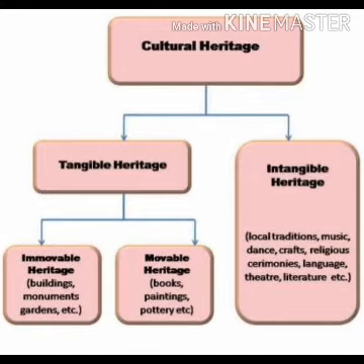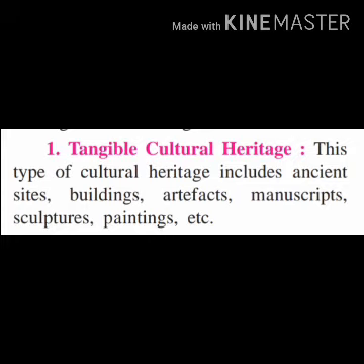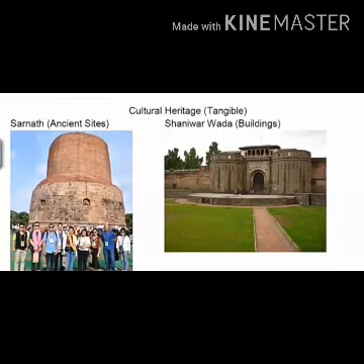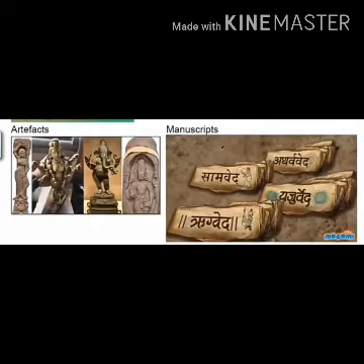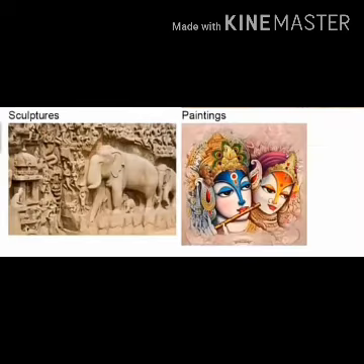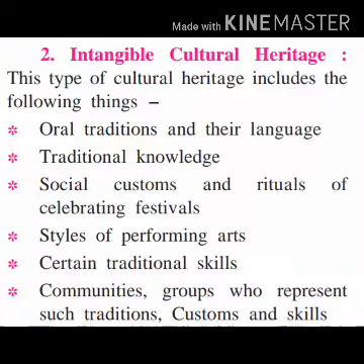Cultural heritage is of two types: tangible cultural heritage and intangible cultural heritage. Tangible cultural heritage are in form of materials, what we can see. It includes sites, buildings, artifacts, manuscripts, sculptures, paintings, etc.